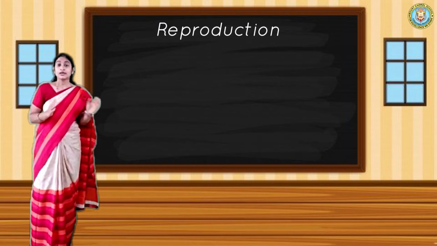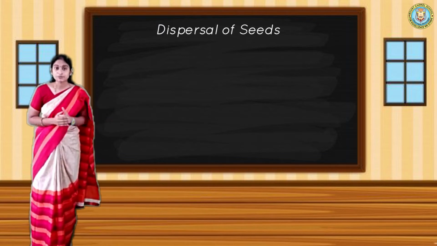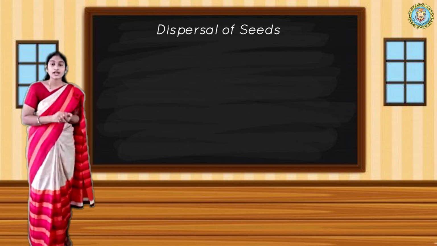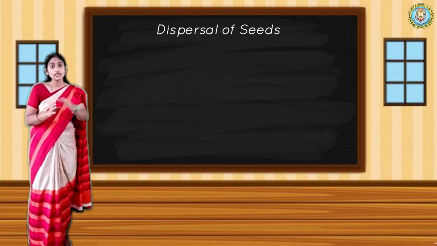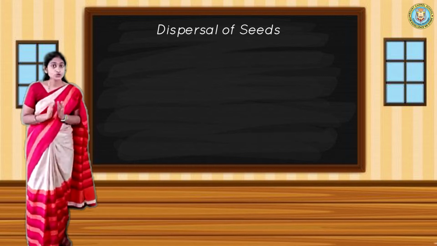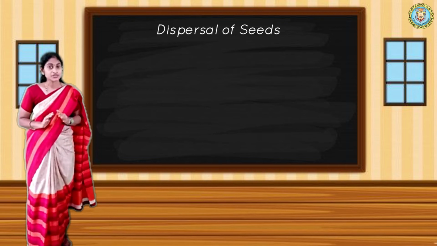This procedure, scattering of seeds, is called dispersal. We can't put each and every seed into the soil of every plant. There should be a procedure, and that procedure is called dispersal.